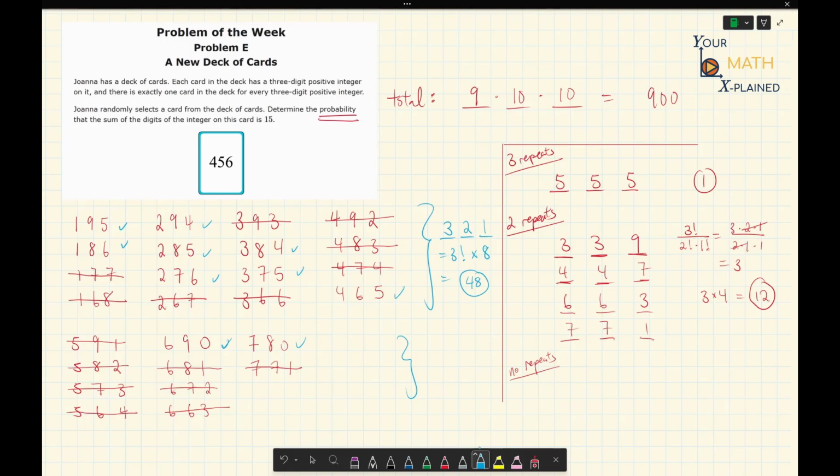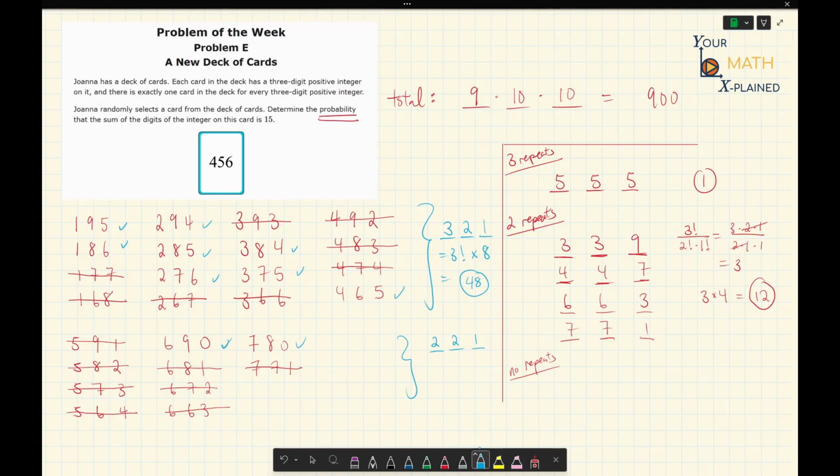And then at the bottom here, we've got 690 and 780, but keeping in mind that we can't actually start with a 0. So what does that look like? Well, that means I only have 2 choices for my first character. If I'm working with a 690, I can only choose to start with a 6 or a 9, which is why there's a 2 there. And then of the 2 remaining characters for the second slot, and then 1 last number to choose from for the third slot.